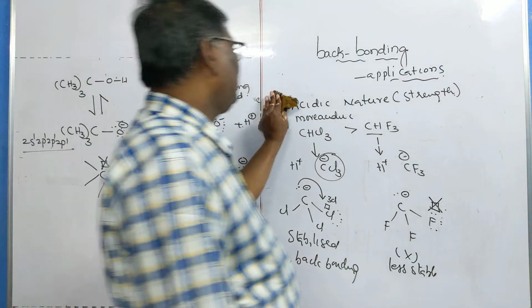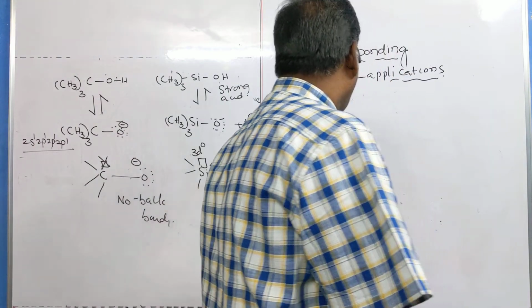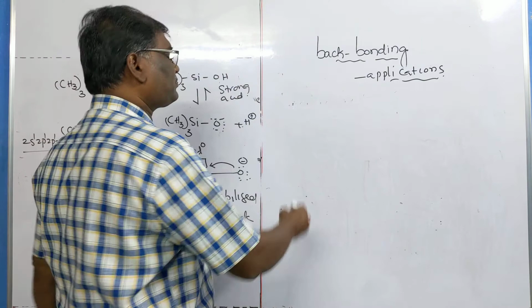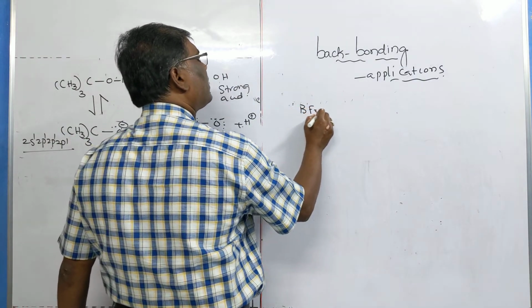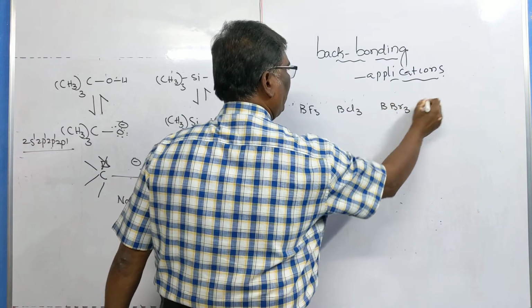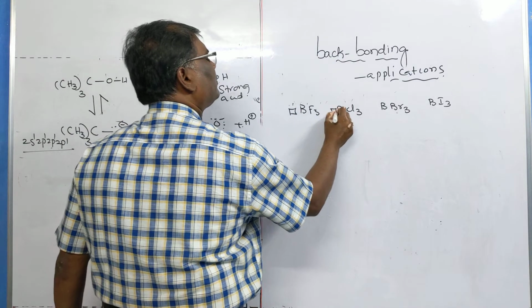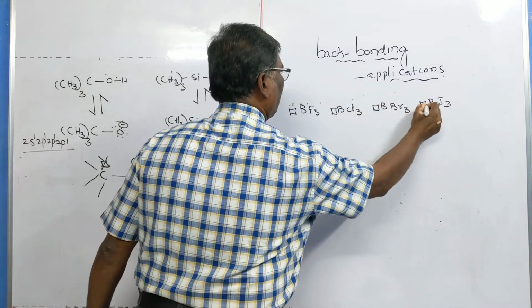The last one, Lewis acid strength of trihalides of boron: BF3, BCl3, BBr3 and BI3. In all of them, boron has a vacant orbital, clear?